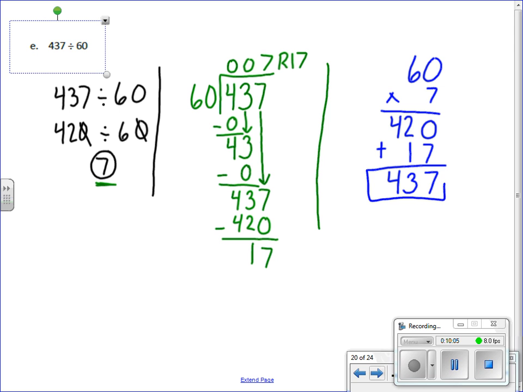I'm going to check it. Yes, my check matches my dividend. So I know I did the right answer. Please, when you're doing your checks, don't change your answers just to match your dividends. If you made a mistake, that's why we're doing the check. I want you to go back to see, okay? So make sure you're careful on those as you do them.